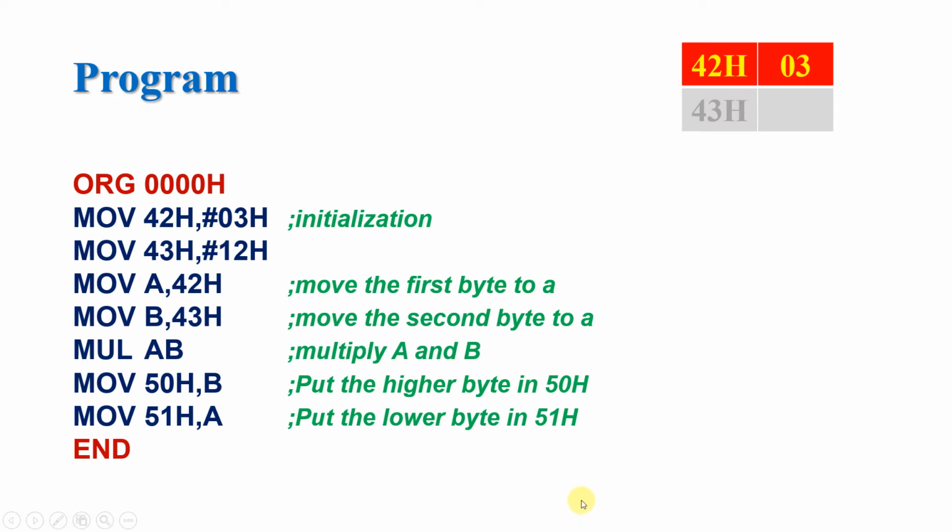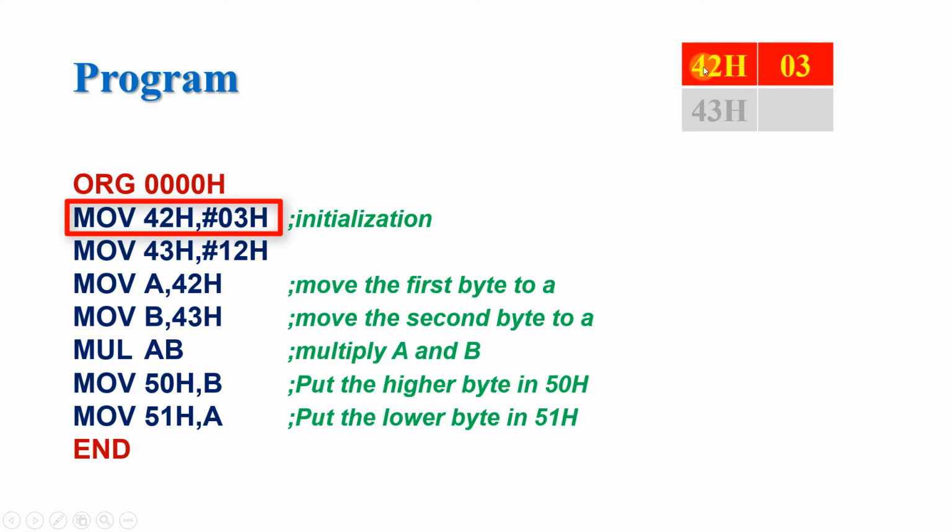So let us see how the program operates. Here we have got the program and we will see that how it works out. So in the first instruction, the value 03H is put in 42.